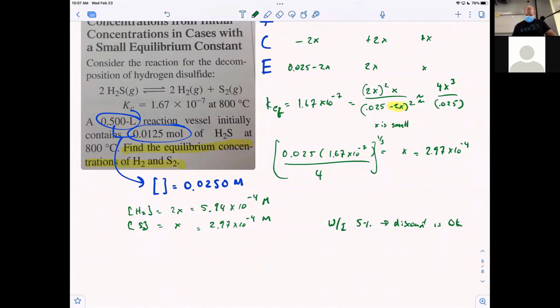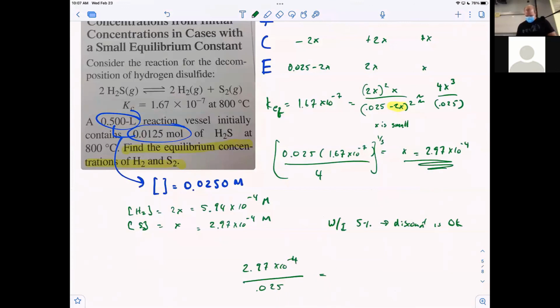Meaning if you take 2.97 times 10 to the minus 4 and divide it by 0.025, it's a little less than 1%.